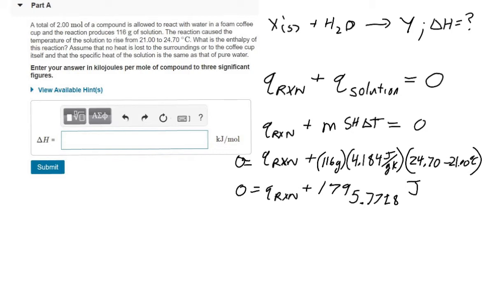We're going to solve for the Q of the reaction, so we're going to have to swing it around to the other side of the equation to get it to equal Q.